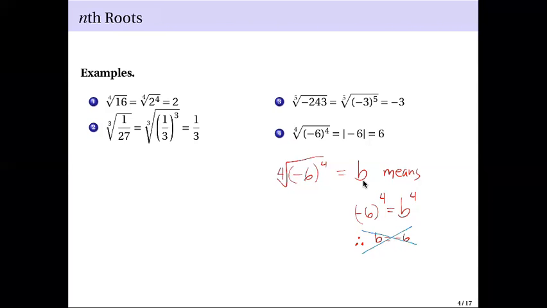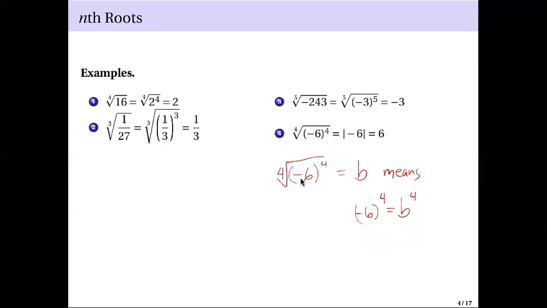Okay? Now, look at this. Sir, I see negative 6 there. But take note, you have negative 6 indeed, but you are raising it to power 4. And remember, if you have a power that is an even number, the negative doesn't matter. It just disappears. So what does this mean?